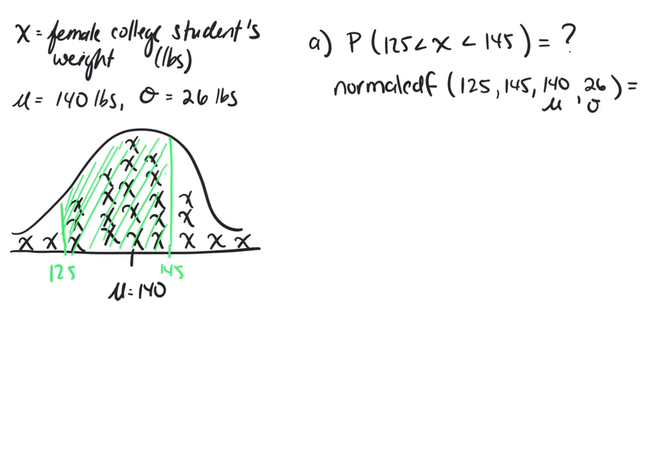Okay, let's move on to a question like question B. Now, in a question like question B, we are no longer looking at the distribution of a single value, like the distribution that I just drew on the left here.